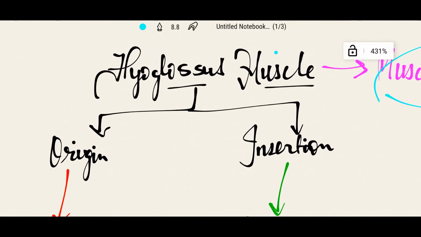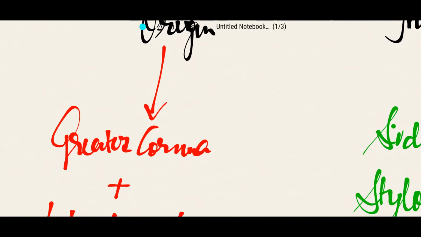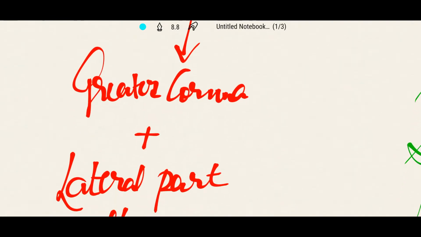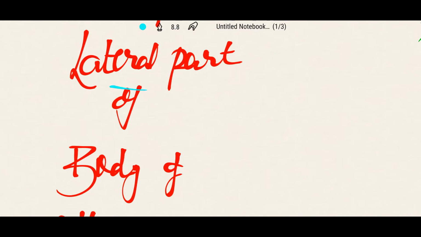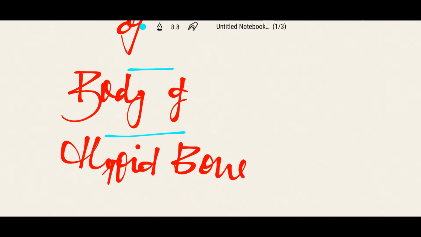So the origin of the hyoglossus muscle is from two parts of the hyoid bone: first, the greater cornu, the complete greater cornu, and the second is the lateral part of the body of the hyoid bone.